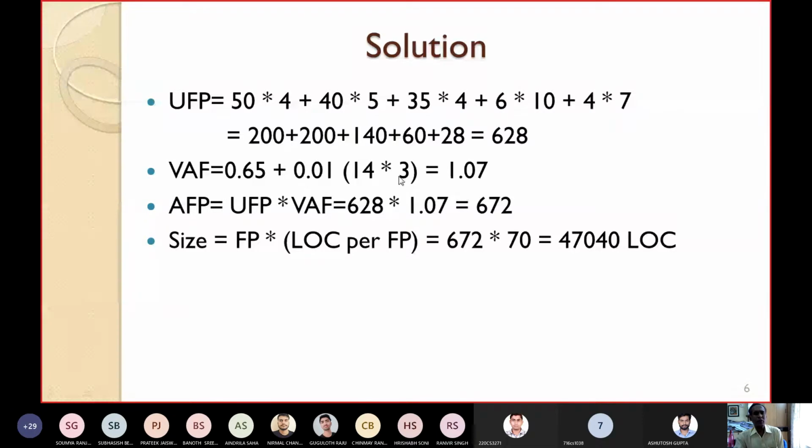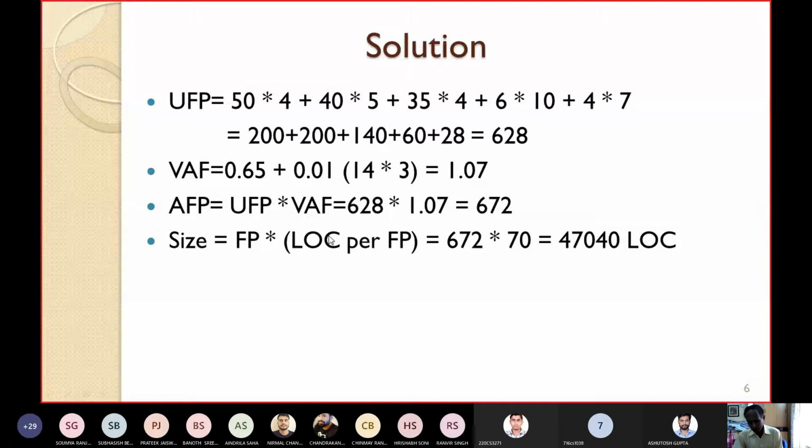Last class I already told you. If you simplify, it comes to 1.07. How can you find the adjusted function point? It is equal to the unadjusted function point multiplied by the value adjustment factor. This is 628 into 1.07, coming to 672. So the adjusted function point is 672.